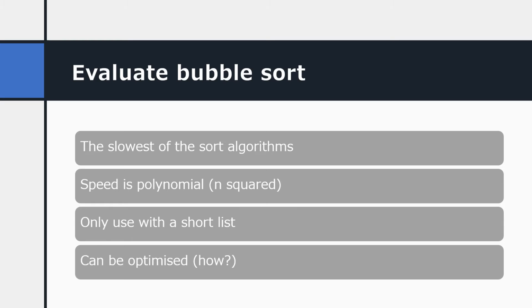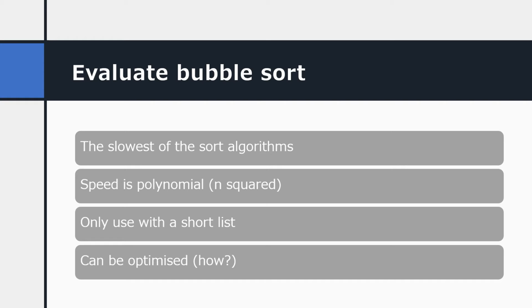And if we had to evaluate the bubble sort, the key single fact to remember about the bubble sort is it is extremely slow. The speed, in fact, is polynomial, and that means that if n is the number of items in the list, the number of operations is up to n squared.